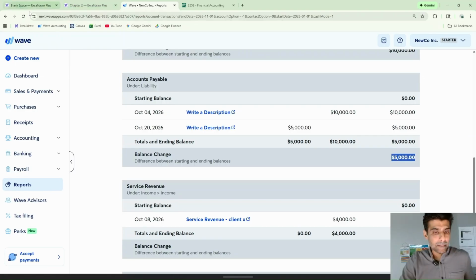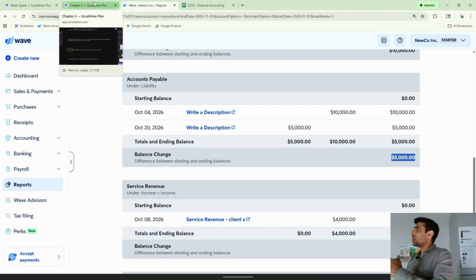Okay. But you have to do it right. You have to make sure you have two accounts involved, that your assets are debited when you increase them, credited when you decrease them. So you have to know the system in order for this to work. Okay. But if you do know the rules and you apply them consistently, your books will always balance.